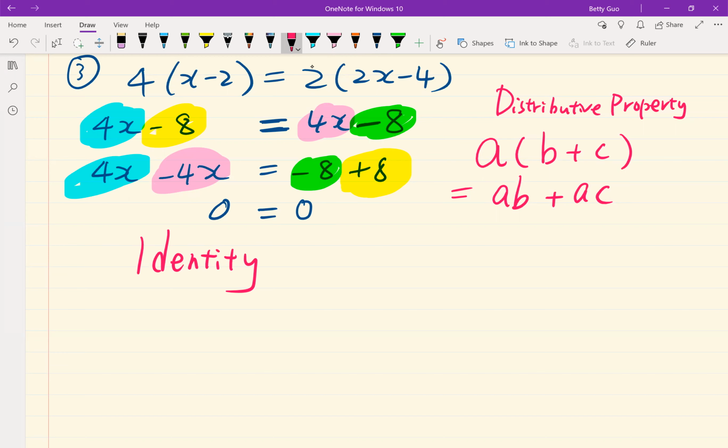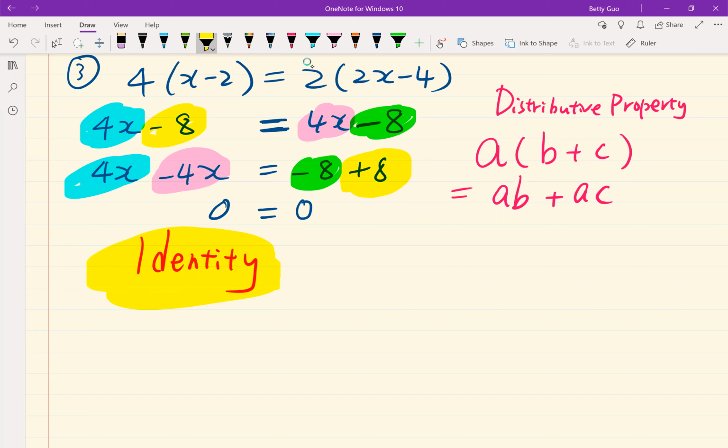When we try to solve for x, x disappears, and we get a true statement. 0 equals 0 is a true statement, right? If that happens, the original equation is an identity.